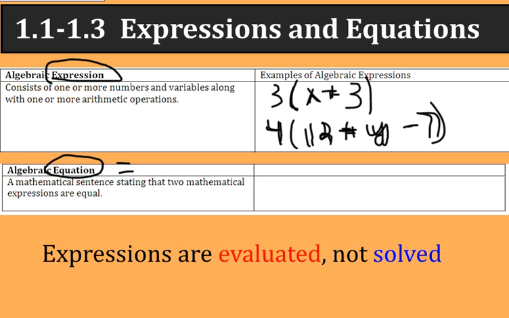An algebraic expression is going to look something like this. If I had 3x plus 4 equals 7x minus 3, all that would be considered an equation.